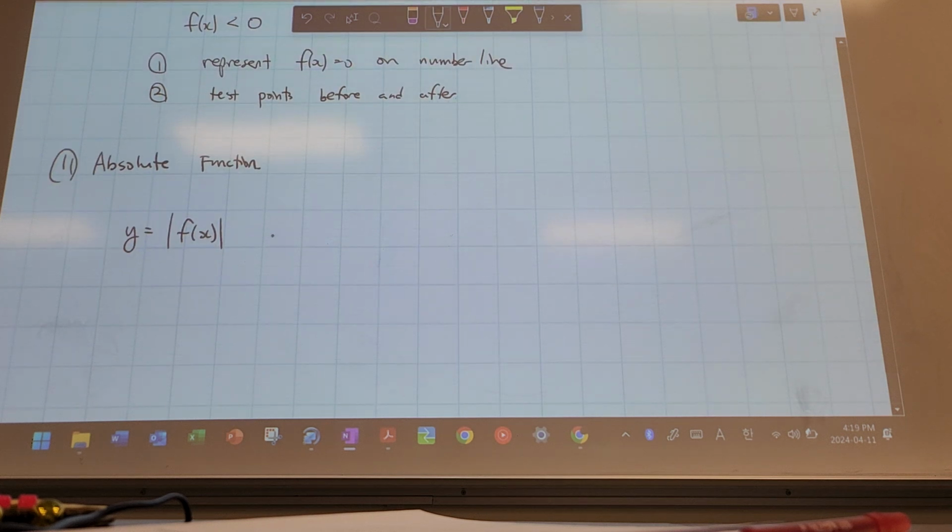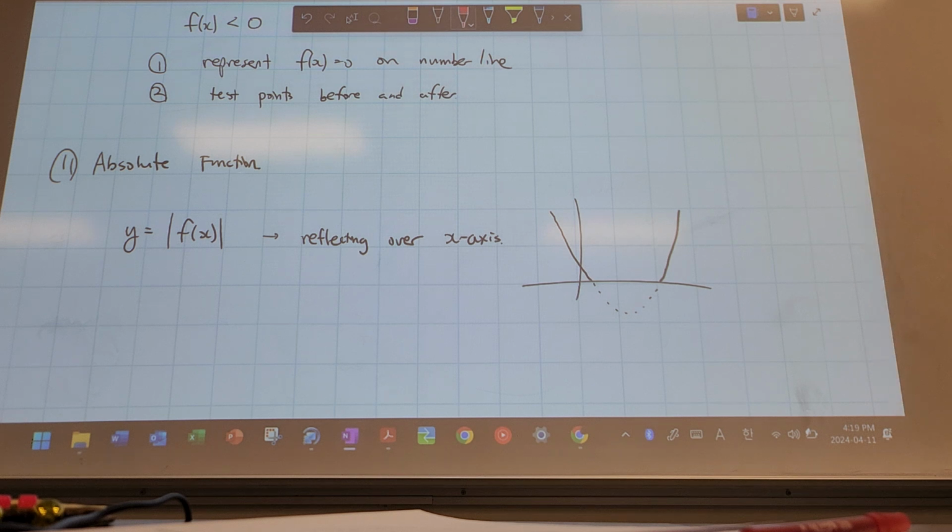When you have the absolute value of f of x, we're reflecting over the x-axis. A function like this will have the shape of reflecting over the x-axis, so everything stays positive. I can name this no negative.